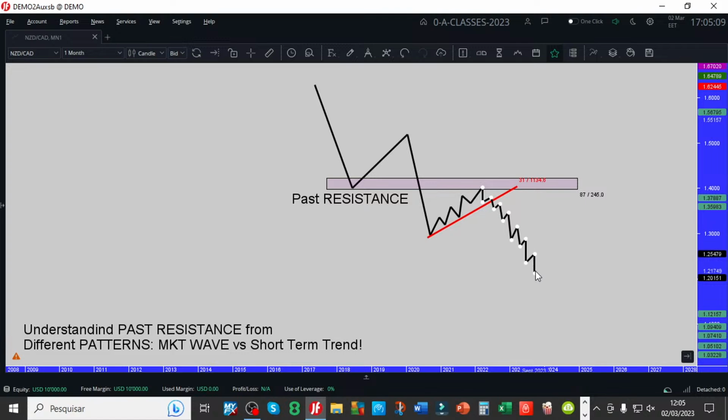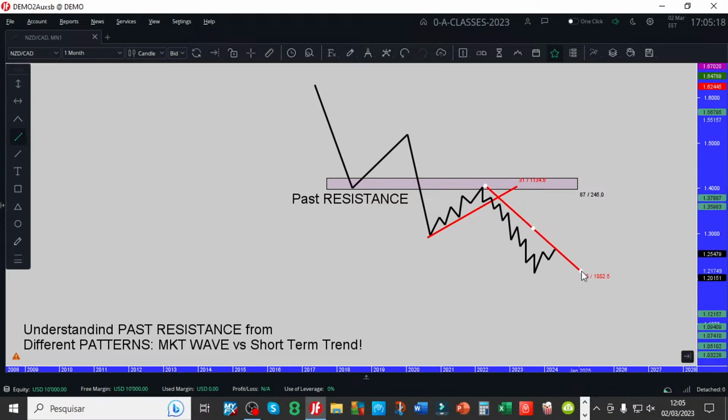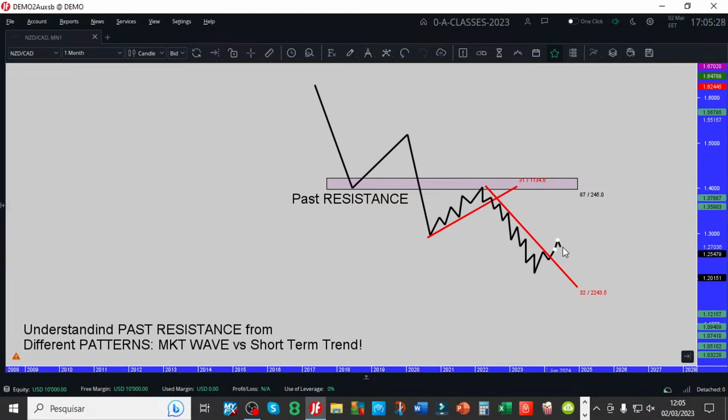And once the market changes the short-term trend again, right, and you can use trend lines again, the market is going to change the short-term trend again. Then if you want, you can take a retracement trade again until where?